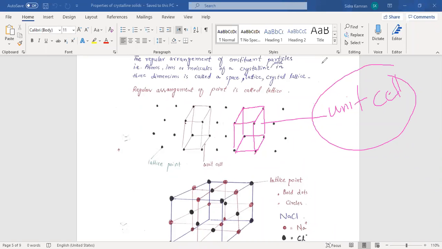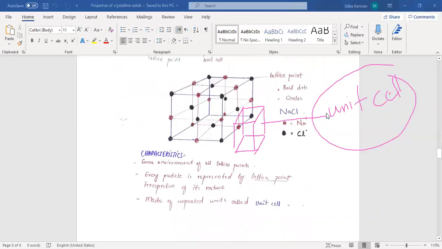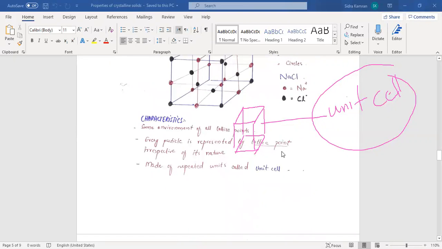Before moving towards the detailed description of a unit cell, I am going to tell you about some characteristics of a crystal lattice. In a crystal lattice, there is the same environment. For example, if you are making the crystal lattice of NaCl, sodium chloride, then the environment of this sodium chloride is the same throughout.